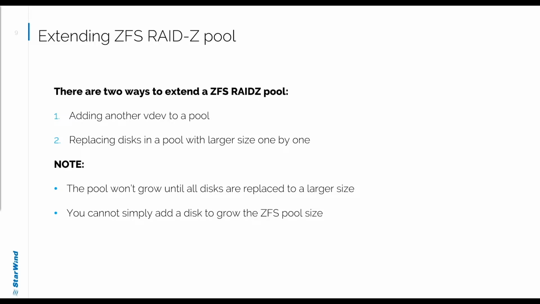You need to be aware though that each VDEV in a ZFS pool will basically play the role of a single fault domain. So if you add a single disk as a VDEV to your mirrored VDEV, it will become a single point of failure. Therefore, it is highly recommended to add VDEVs of the same resiliency type and also of the same size. Alternatively, you can replace the disks one by one with larger disks. The total size will increase only once you replace all of the disks in that pool.